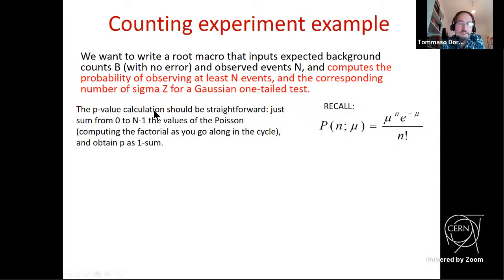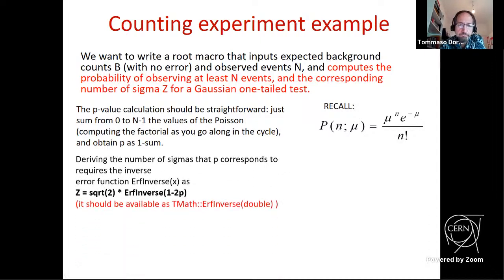So the p-value calculation should be easy for you to code in C or in any other programming language you're going to use, because you just have to sum from 0 to n minus 1, and then you take 1 minus the sum. That is the integral from n to infinity. And the probability density function is discrete, so it's easy to do.